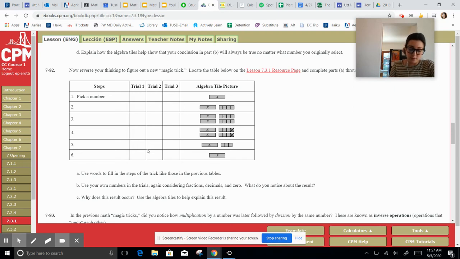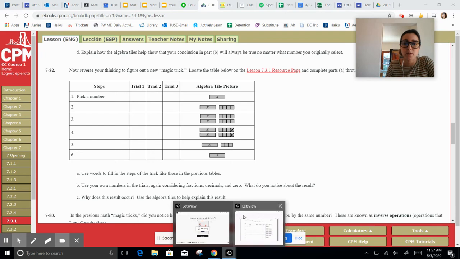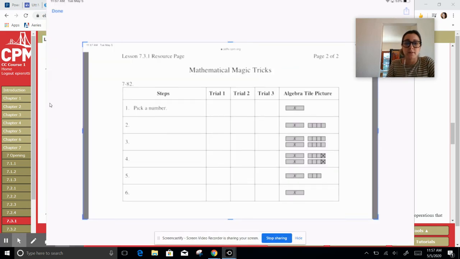Okay, so let me take a screenshot of this next one. Okay, so we're looking at problem 7-82. All right, so pick a number, that's x.